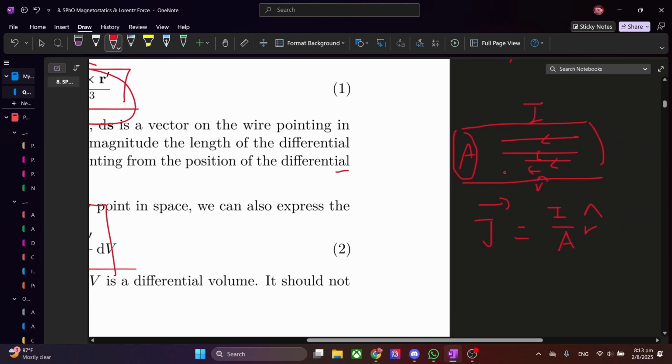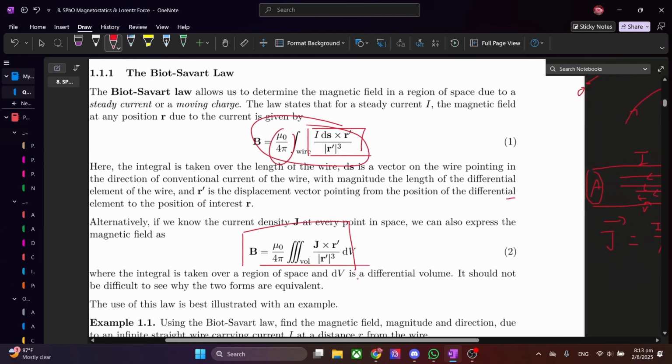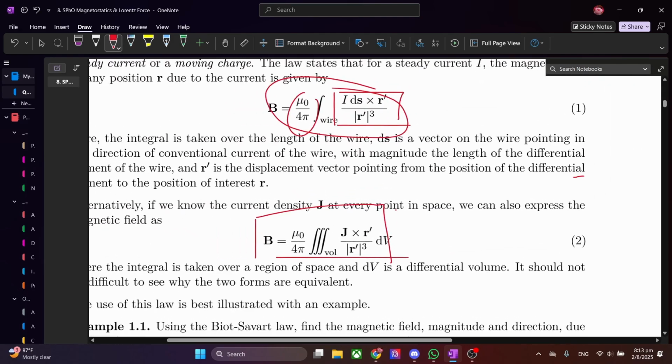But that's what the current density is, and it should be easy to see how both of these are related to each other.